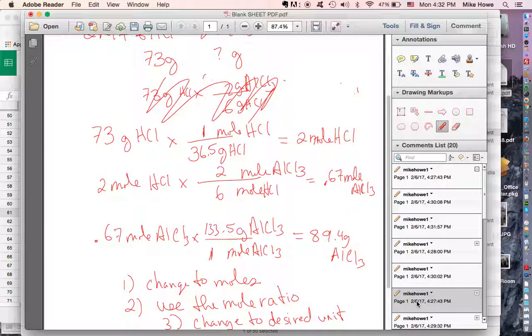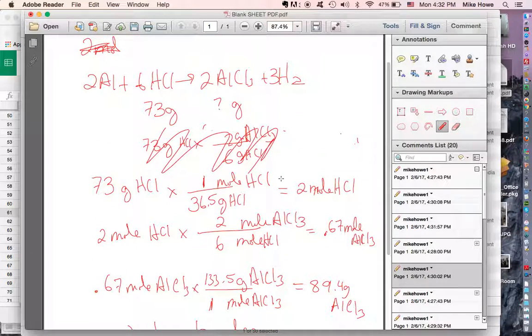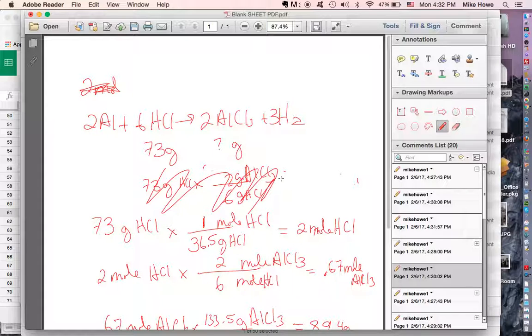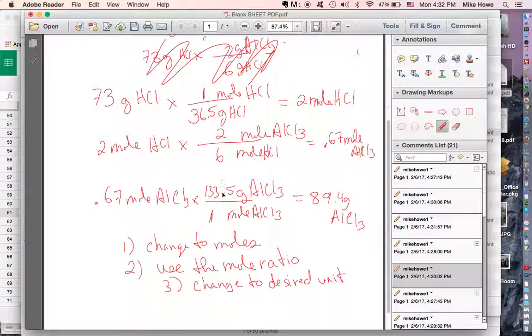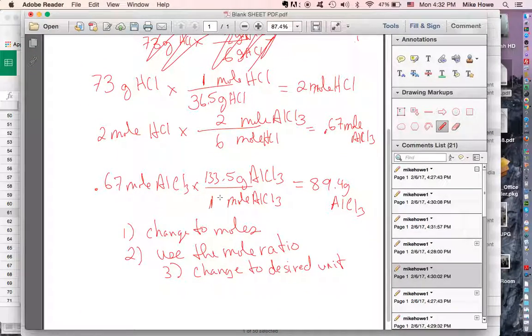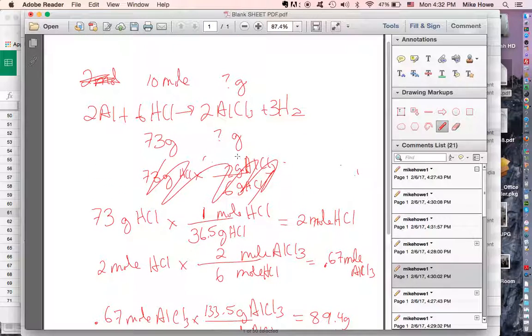Now, of course, what if a problem here said you have 10 moles of that and you wanted to know how many grams of that? Would you need to do the first step of the algorithm? No, because it's already in moles. So you don't have to change the moles. So you take your 10 moles of HCl, put moles of HCl there, and then put moles of what you're looking for on top.